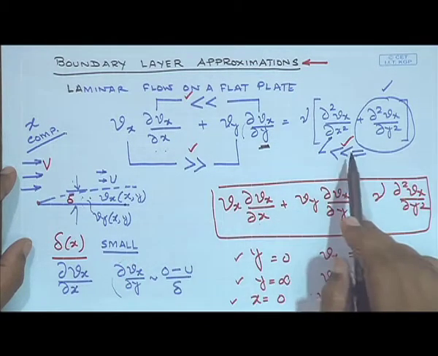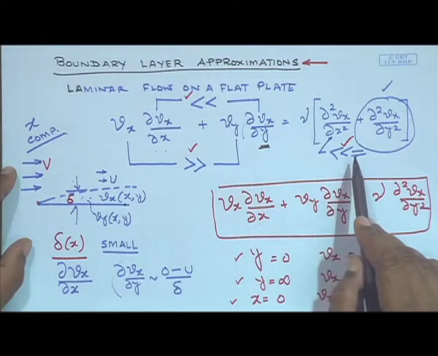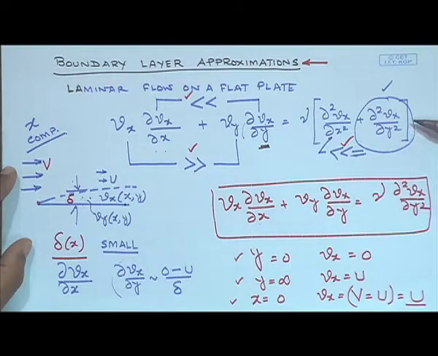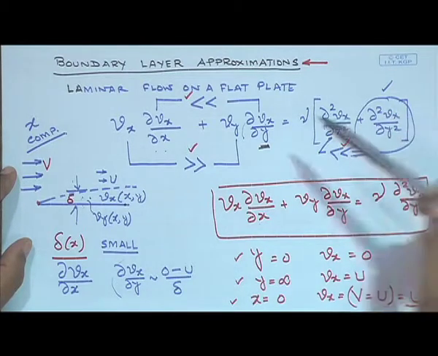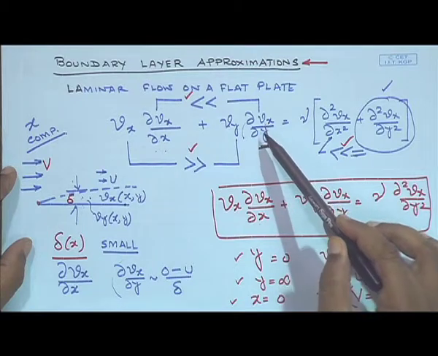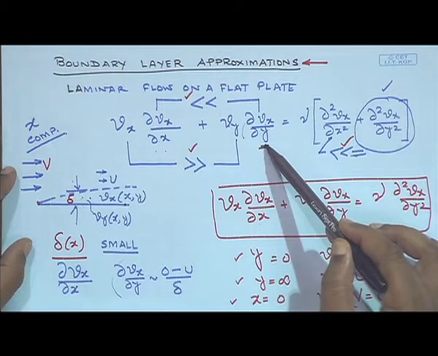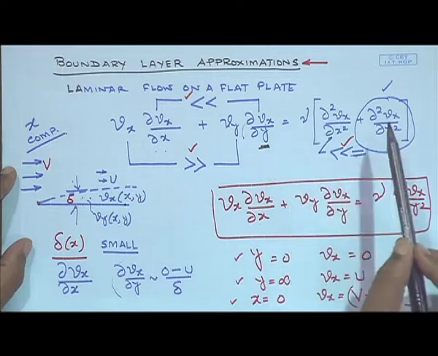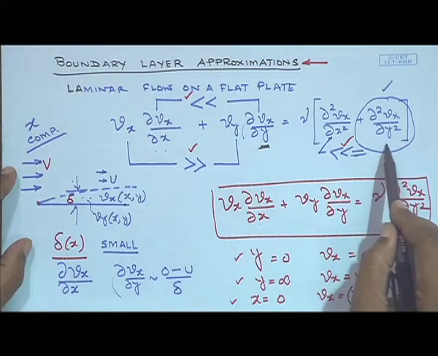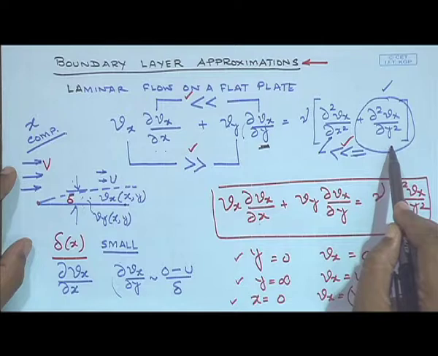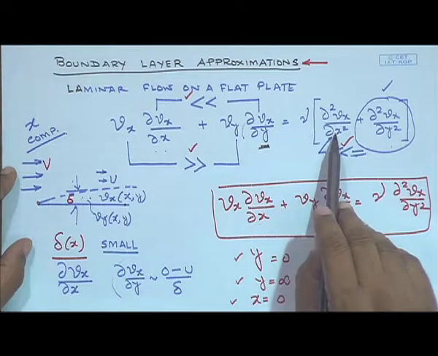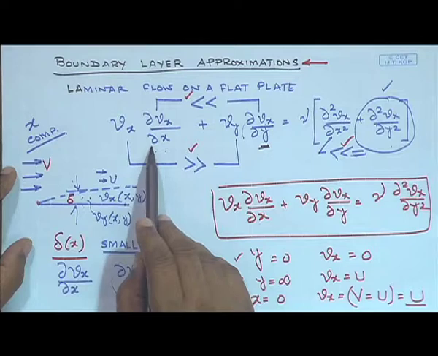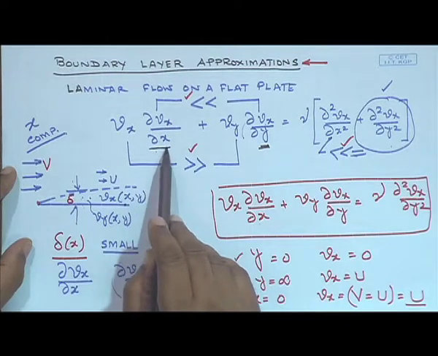However, if we come to the right hand side, this denotes the molecular transport of momentum in the y direction, and this is molecular transport of momentum in the x direction. Since the gradient of Vx with respect to y is large, it is expected that the transport of molecular momentum in the y direction would be much more than the transport of molecular momentum in the x direction, since the gradient of velocity in the x direction is small.